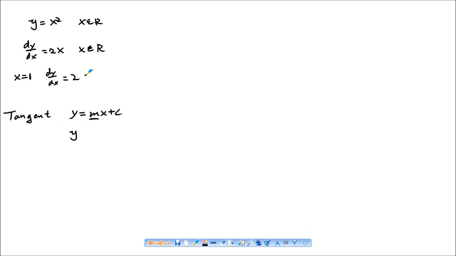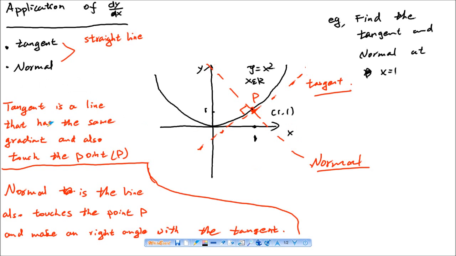The gradient is 2 because we found it already. Now I have to find c.